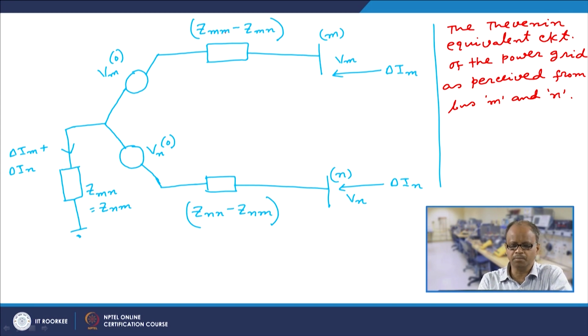This would be Z m m minus Z m n plus Z m n. So, this and this cancel out, and Z m m remains. So, the equivalent Thevenin impedance between bus m and ground would be equal to Z m m, which we have already seen.